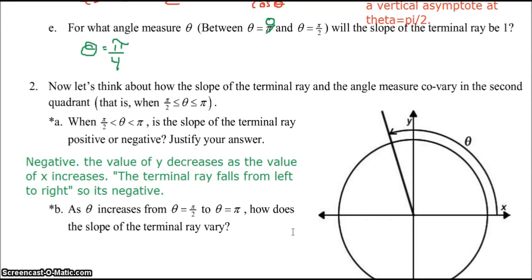As theta increases from pi over 2 to pi, how does the slope of the terminal ray vary? Well, what's going to happen here is our slopes are going to decrease. Well, I have to be careful because they're all negative.